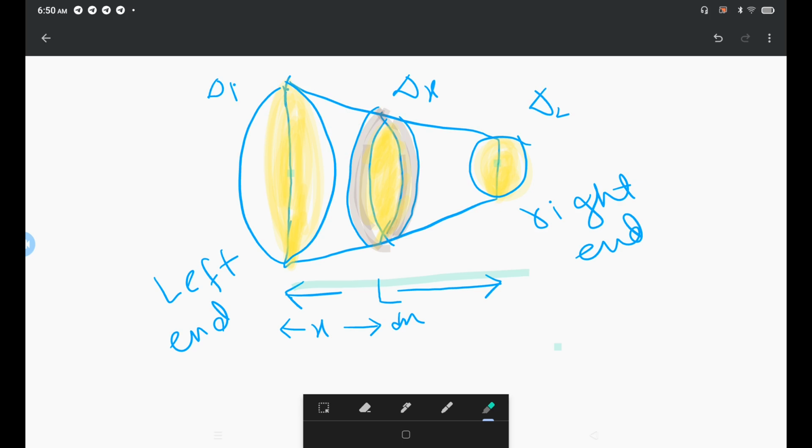The diameter dx from the left end to the right end varies linearly.